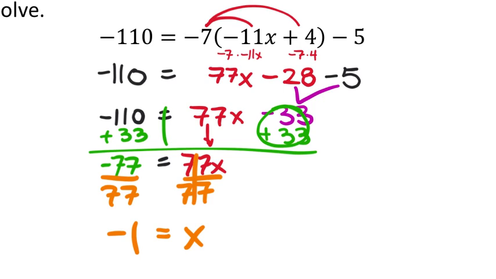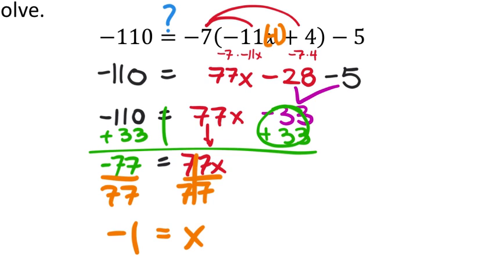Now, what will happen then if I replace this x with negative 1? Will it make this a true statement? Well, that's what we want to find out, okay? So here's my question mark above the equal sign, because I don't know if it's true. I can type that in exactly like I see it. So negative 7, open parentheses, negative 11, open parentheses, negative 1, close that parentheses to show the multiplication, and then plus 4, close parentheses, and then minus 5.